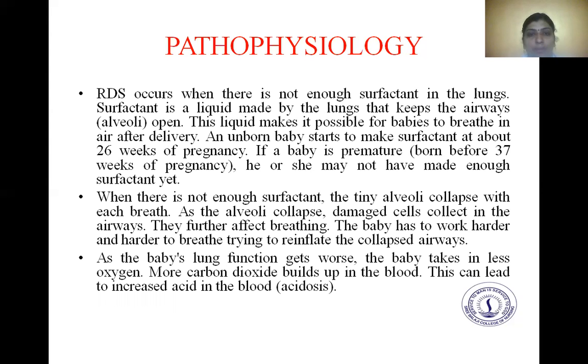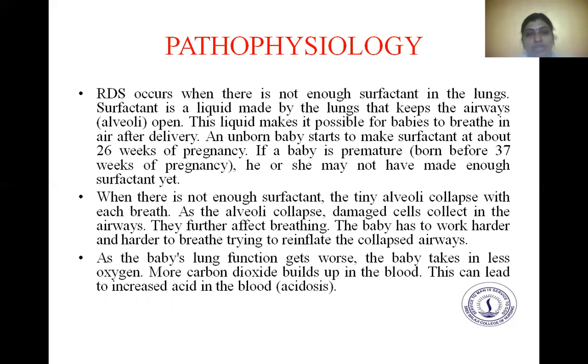An unborn baby starts to make surfactant at about 26 weeks of pregnancy. If the baby is premature, born before 37 weeks of pregnancy, she may not get enough surfactant.